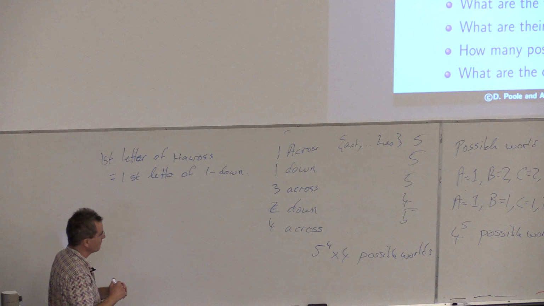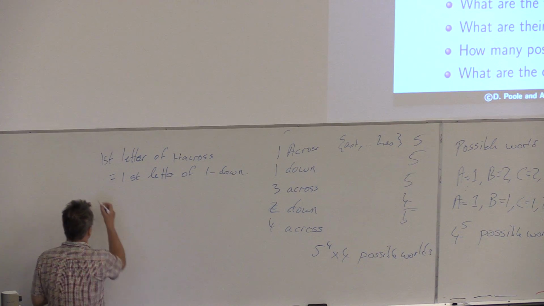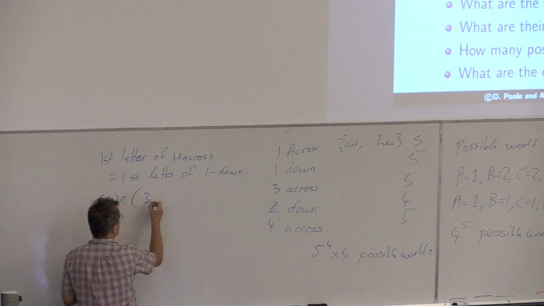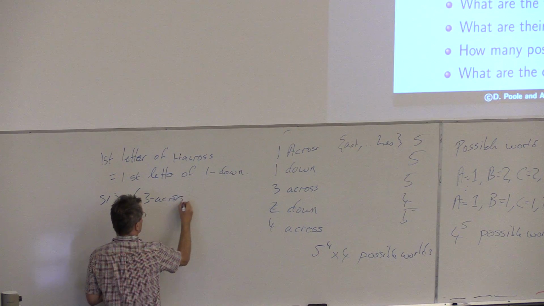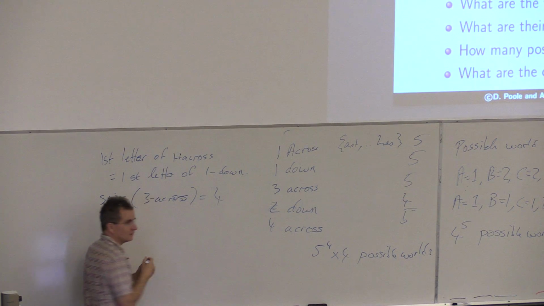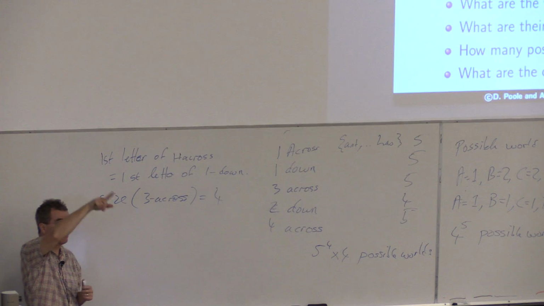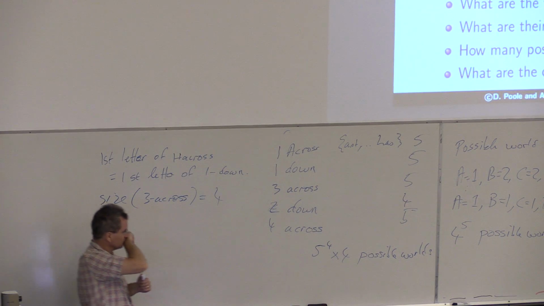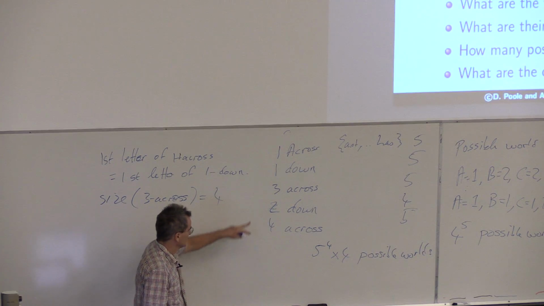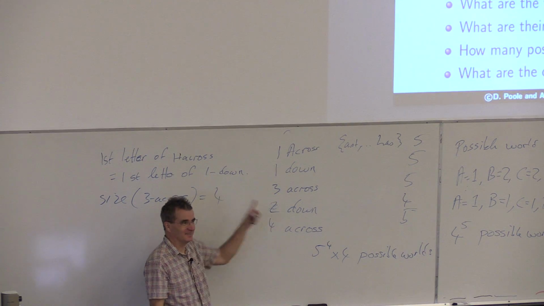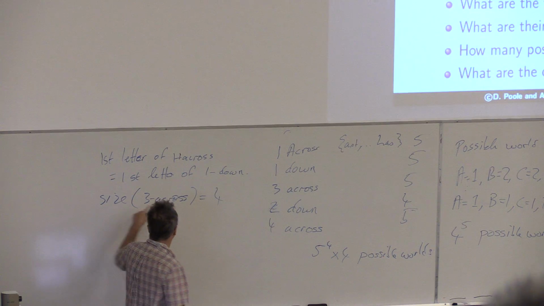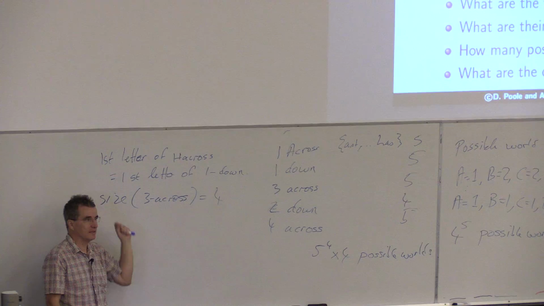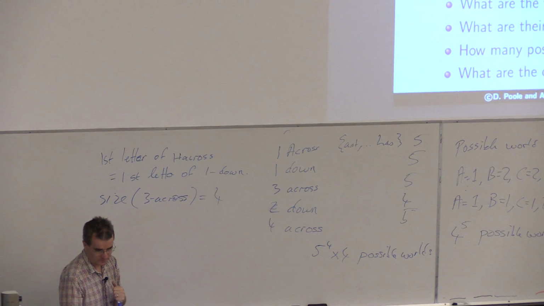Well, okay, we could do that. Size of 3 across equals 4. Yeah, we sort of assumed it was true, but that's fine. Some of these constraints we'll put in are actually called domain constraints that restrict the domains of them.